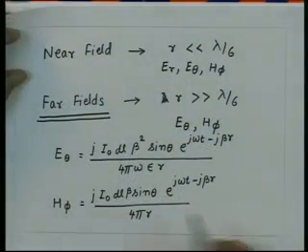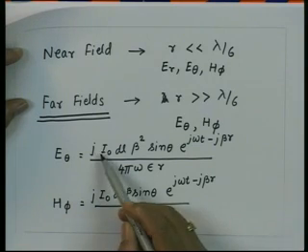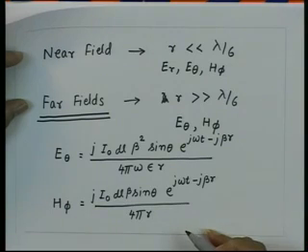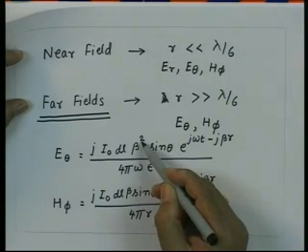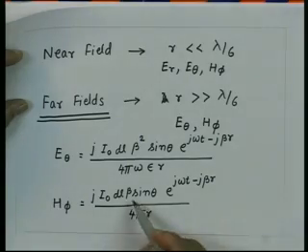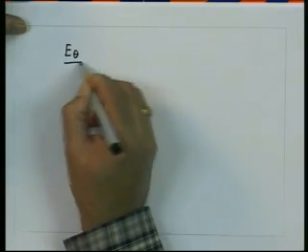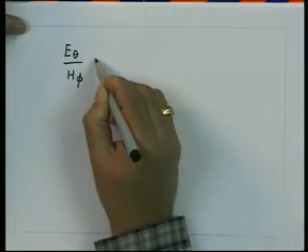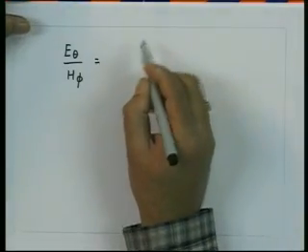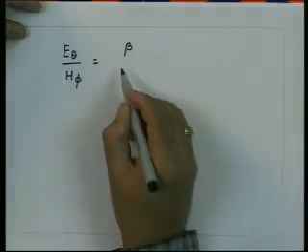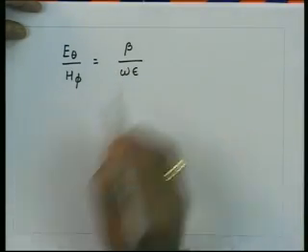The third thing we note from here is, if I take a ratio of E theta and H phi, I 0 dl will cancel, sin theta will cancel, r will cancel, 4 pi will cancel. But what we will get is beta square here, and here we will get beta. So, the ratio of these two quantities, E theta and H phi, will be equal to beta upon omega epsilon.